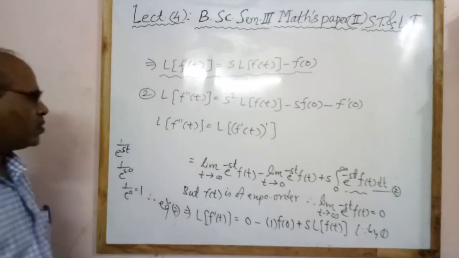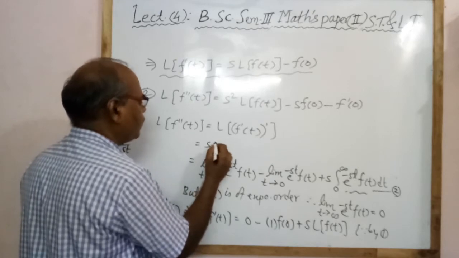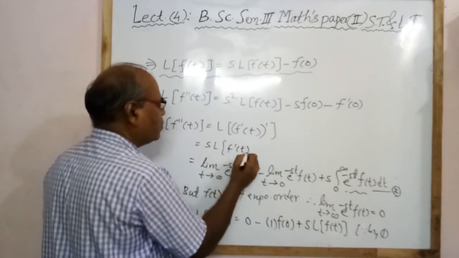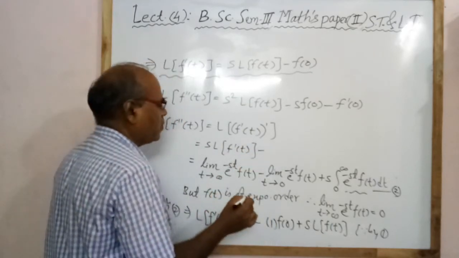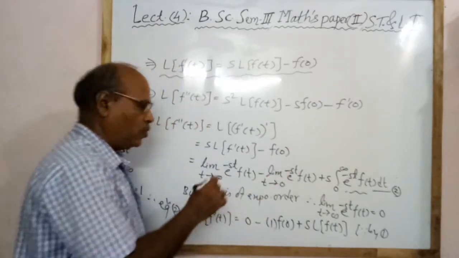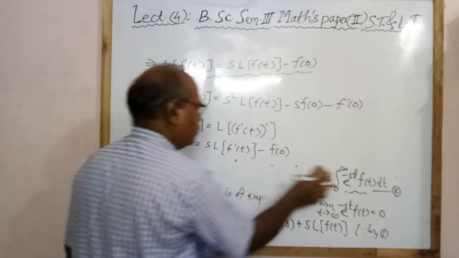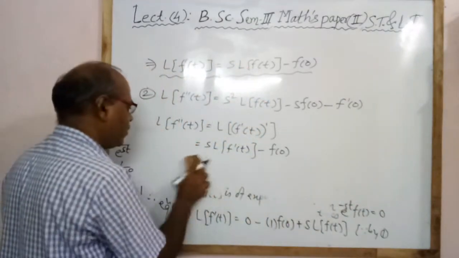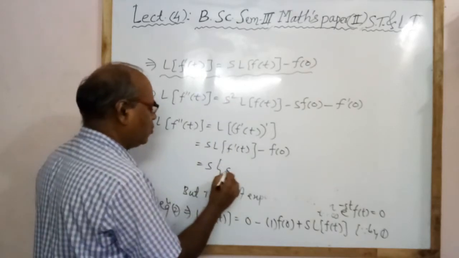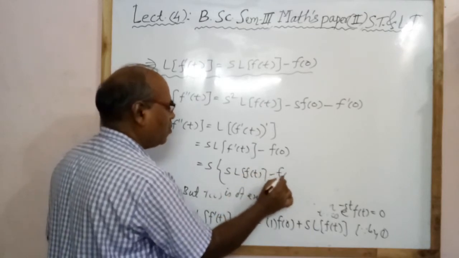Then by using the previous formula, we can write s into Laplace of f dash of t minus f of 0. Then we use the formula for Laplace of f dash of t from the previous formula. Therefore s into Laplace of f dash of t is given by s into Laplace of f of t minus f of 0.